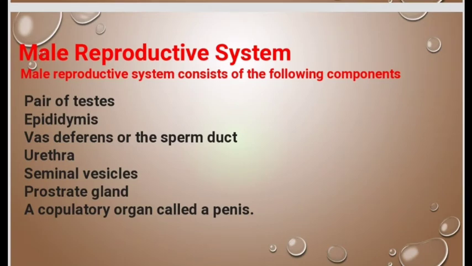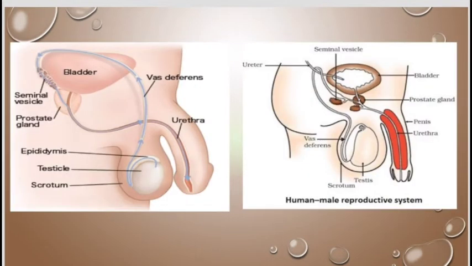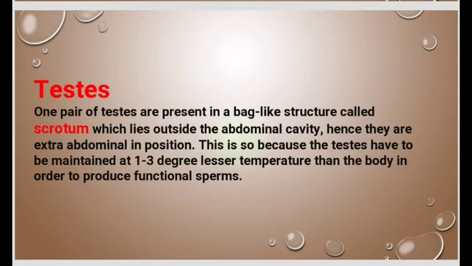Male reproductive system. It consists of the following components: a pair of testes, epididymis, vas deferens or the sperm duct, urethra, seminal vesicles, prostate gland, and a copulatory organ, the penis. Testes.